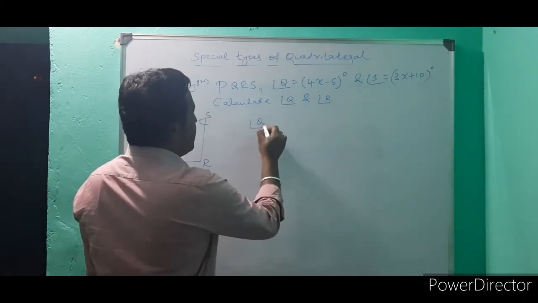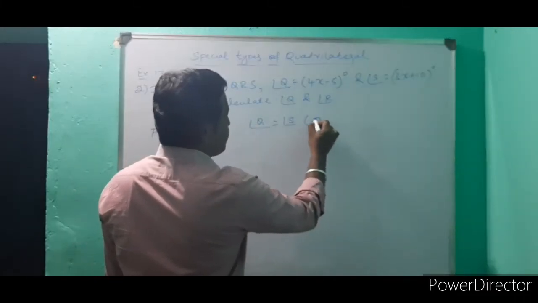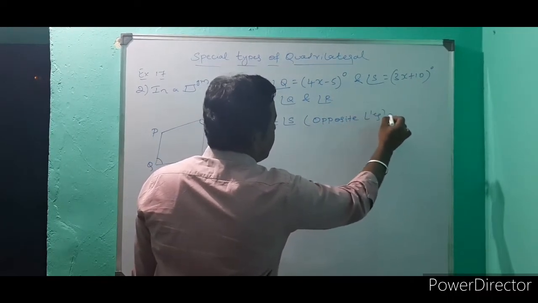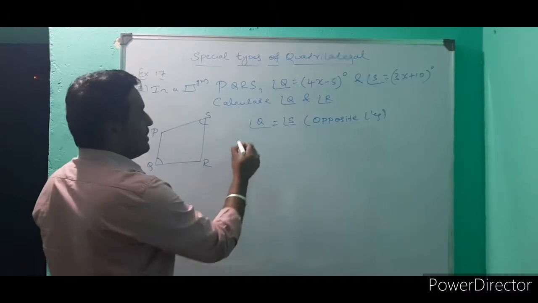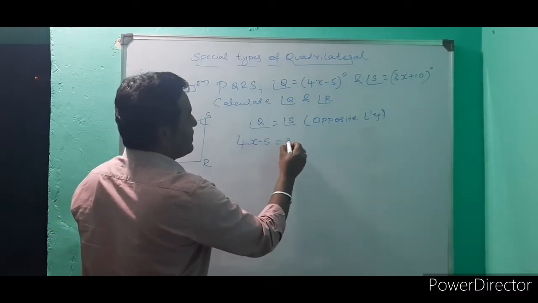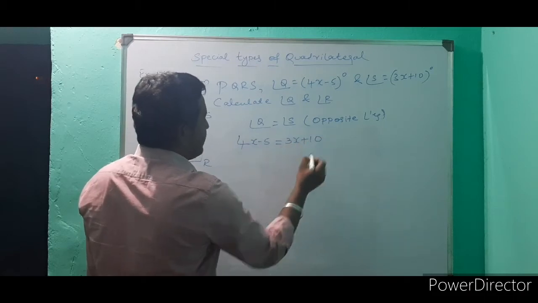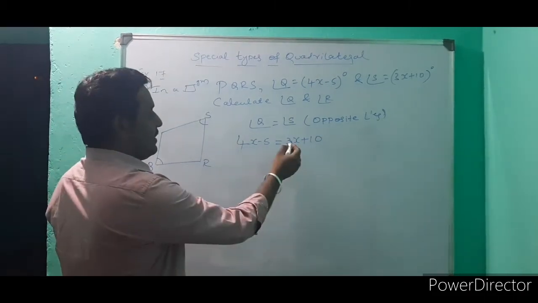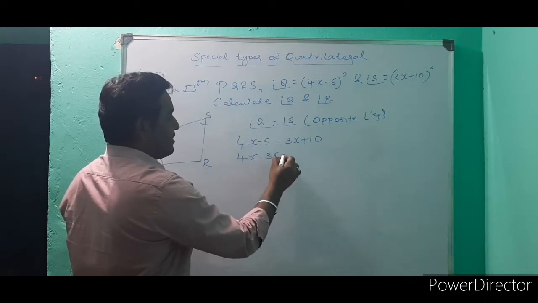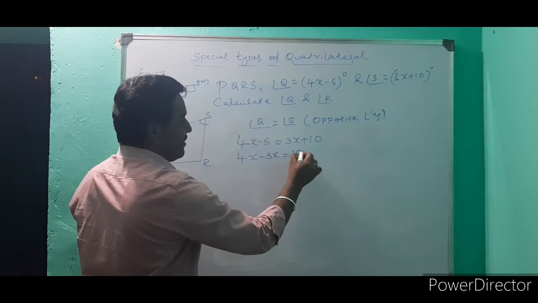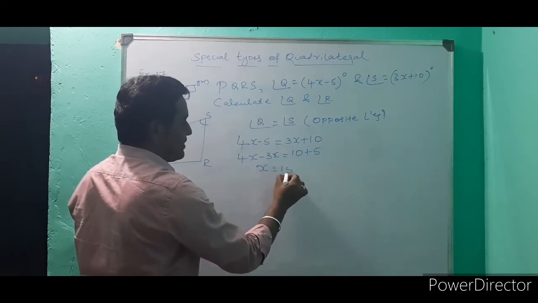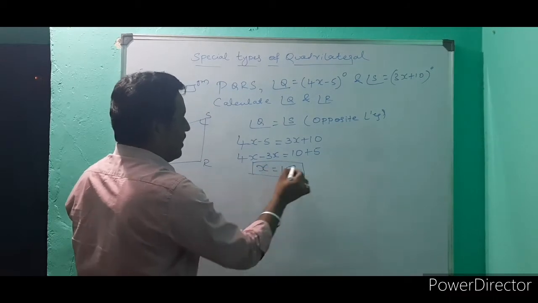So angle Q is equal to angle S because opposite angles in a parallelogram are equal, so 4x minus 5 is equal to 3x plus 10. Shift 3x to this side, minus 3x, and shift minus 5 to the other side, plus 5. 4x minus 3x is x. What is the x value?